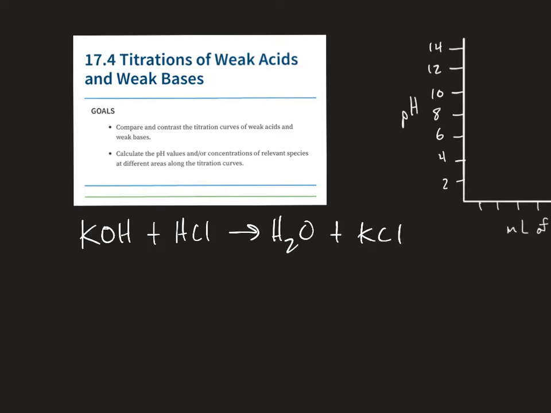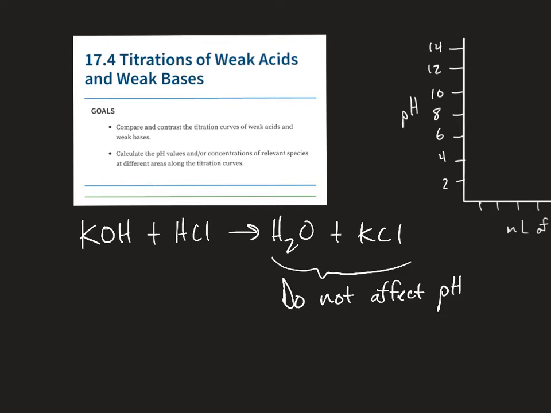So in this case, these items over here do not affect the pH. If you react a one-to-one amount of KOH and HCl, same molarity, same amount of moles, they will produce a neutral solution.